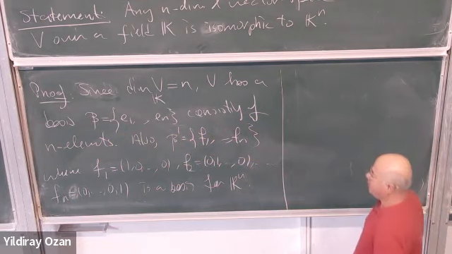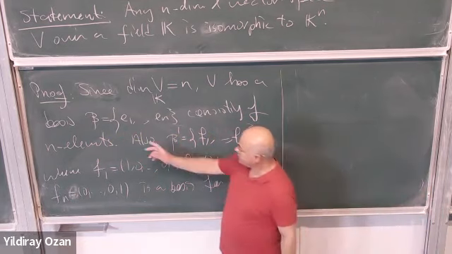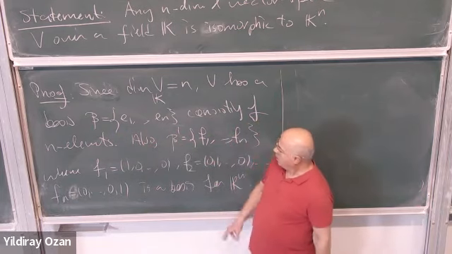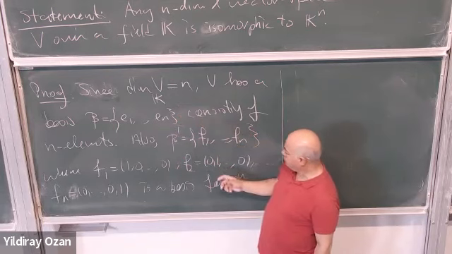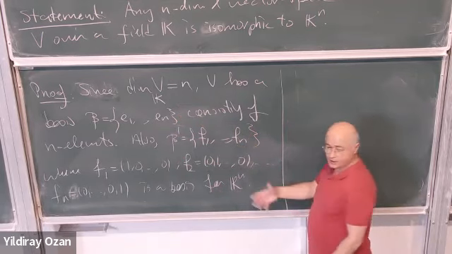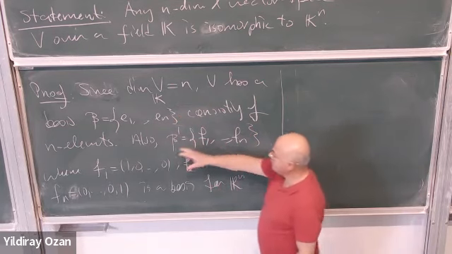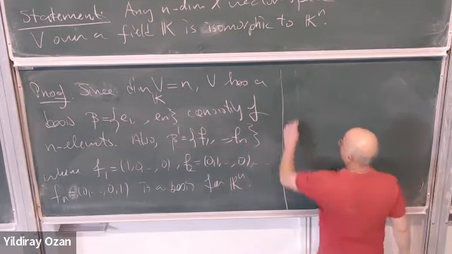So by the proposition we discussed last hour, I have a basis for V, I have a basis for W, which is this vector space. So there is a unique linear map taking these basis elements to these elements.